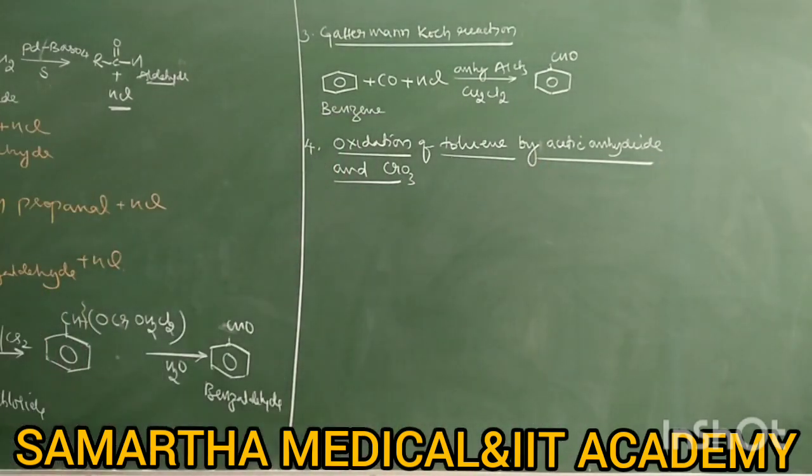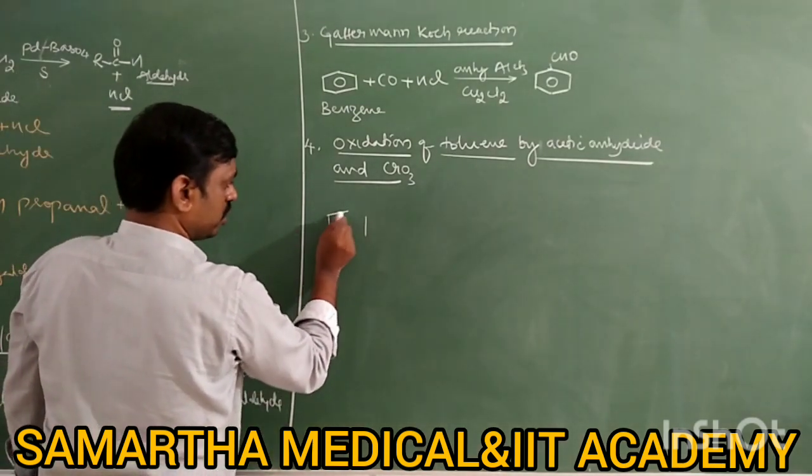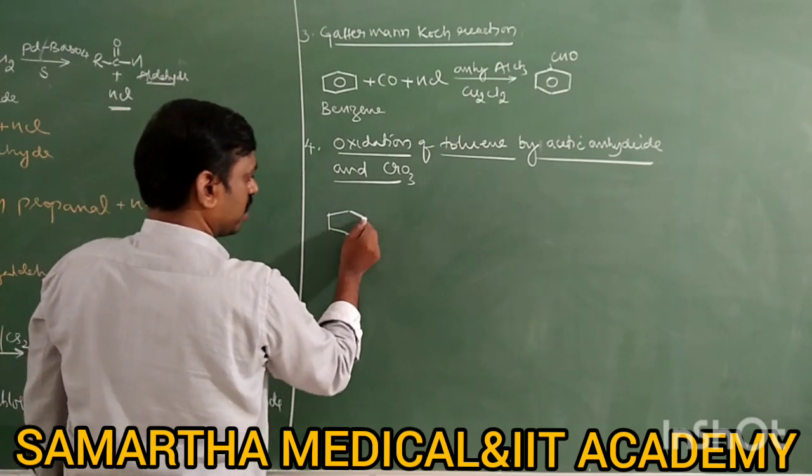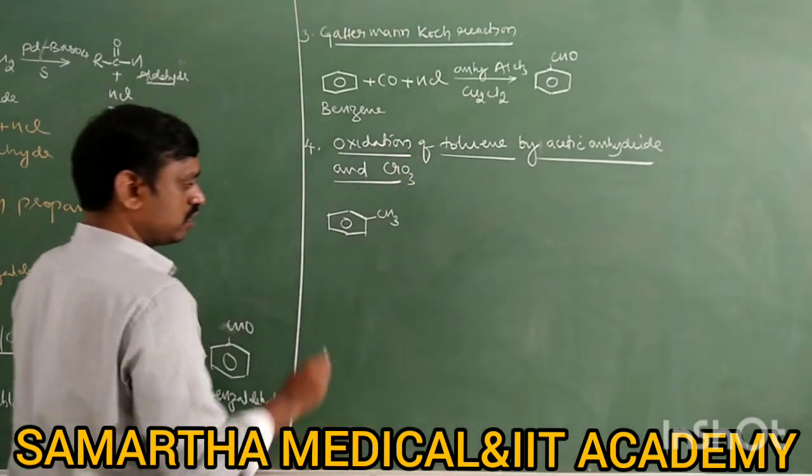Then how do you prepare benzaldehyde from toluene and acetic anhydride? Now here toluene undergoes partial oxidation in presence of acetic anhydride. I'll take toluene here. It is a toluene.